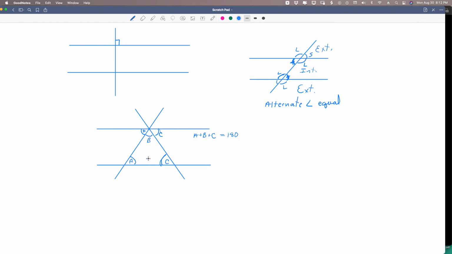And that, my dear students, is how we prove that a triangle contains 180 degrees.